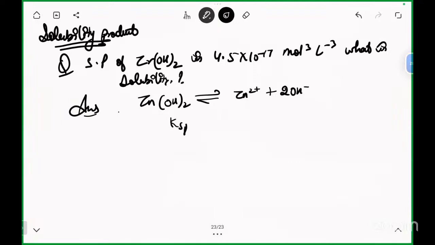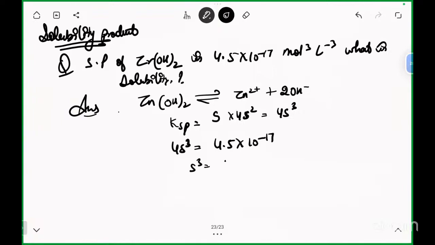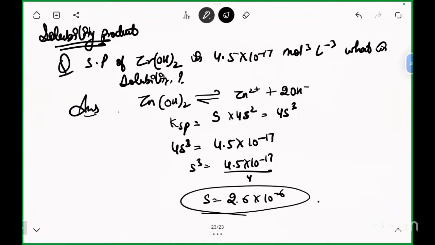So Ksp, the solubility product, will be equal to S into 4S square, that is equal to 4S3. Now 4S3 is equal to 4.5 into 10 to the power minus 17. S3 will be equal to 4.5 into 10 to the power minus 17 divided by 4. Calculate it, and the solubility is 2.6 into 10 to the power minus 6. Just go for these kinds of numericals.